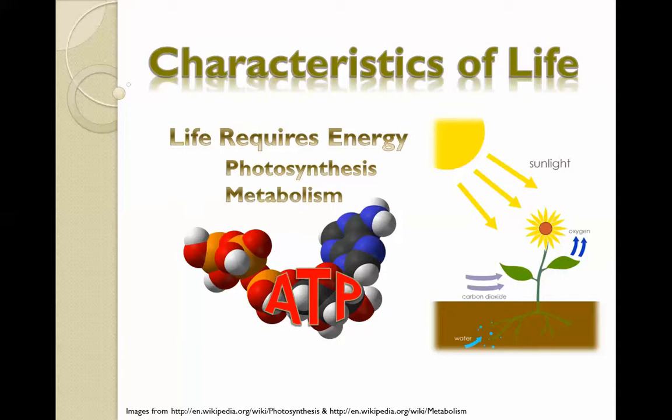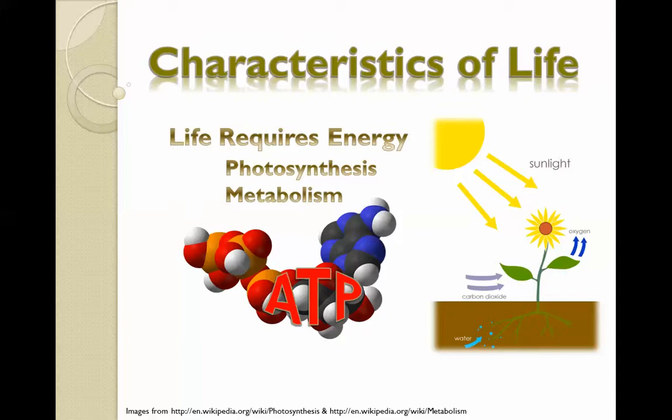Think about having a steak. You're eating a cow that ate some grass. Take that food source, chemically break it down, and extract the energy from breaking it down to make this molecule ATP, adenosine triphosphate. That is your body's energy currency. Whenever you use energy, it comes in the flavor of ATP.